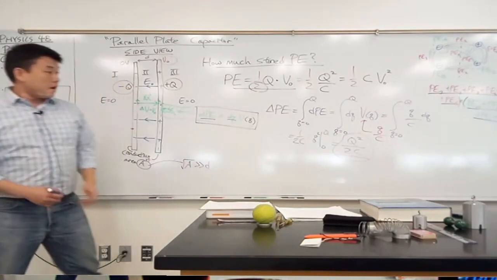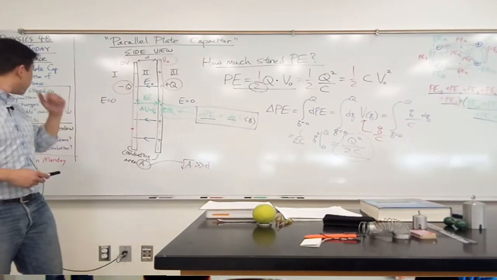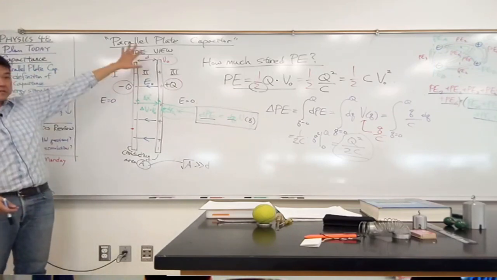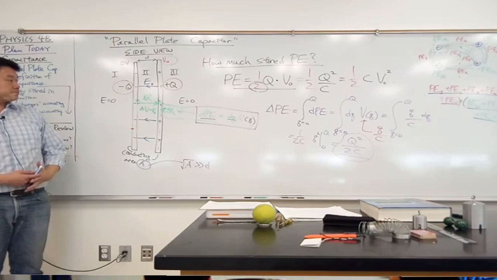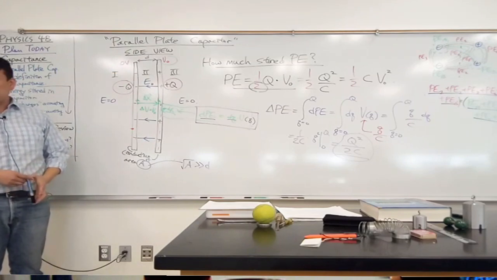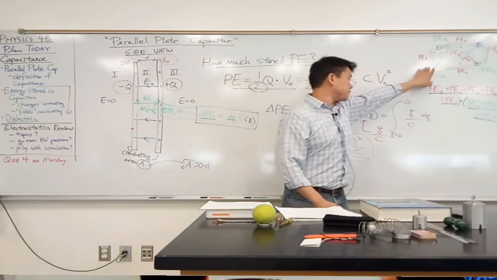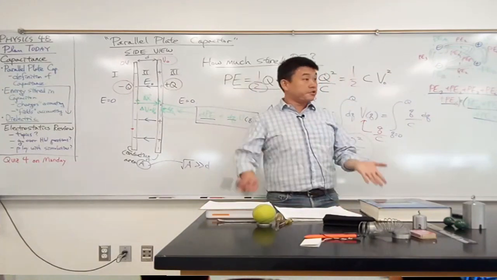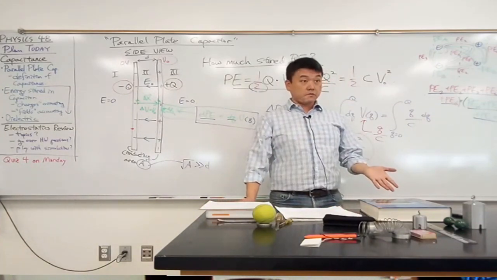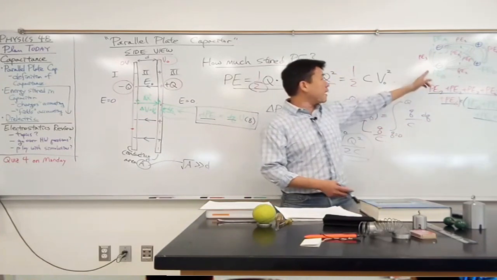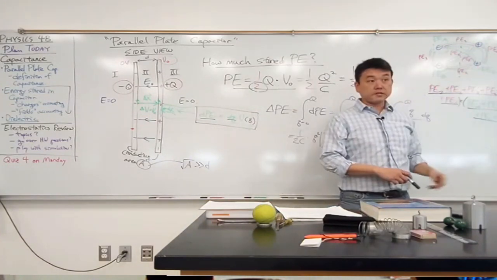Okay. All right. I want to end this discussion of energy stored on the capacitor with one last way of sort of accounting. So right now, these are all based on charges. We might have been using voltage or we might not have been, but all this accounting was based on charges.